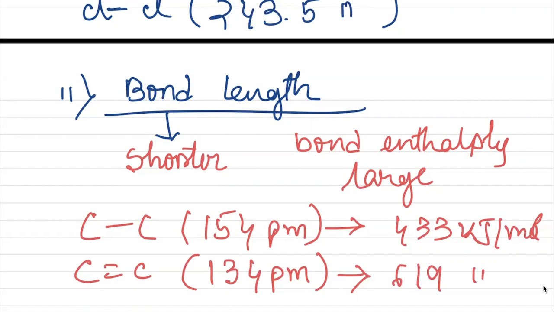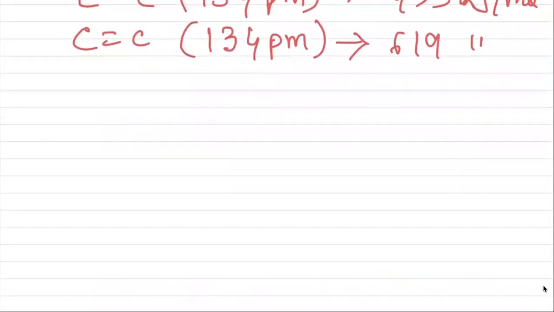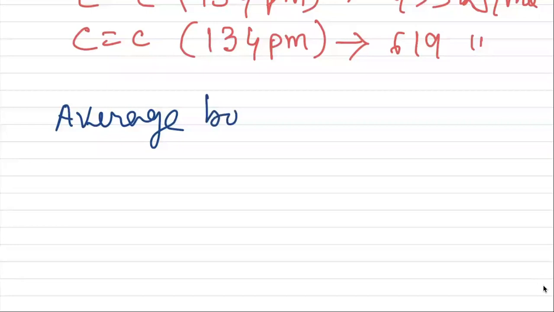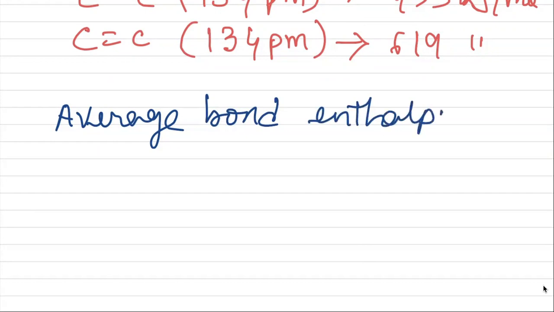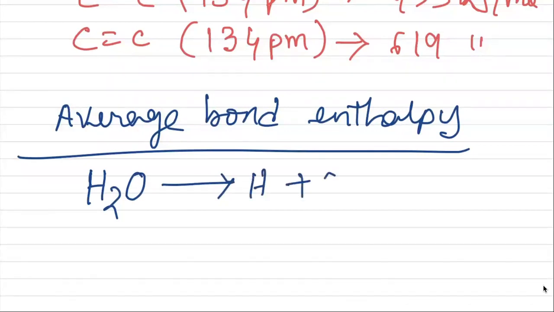Now, the next topic is average bond enthalpy. Let's take one example, suppose water. When we apply heat for the first time, it forms H plus OH.